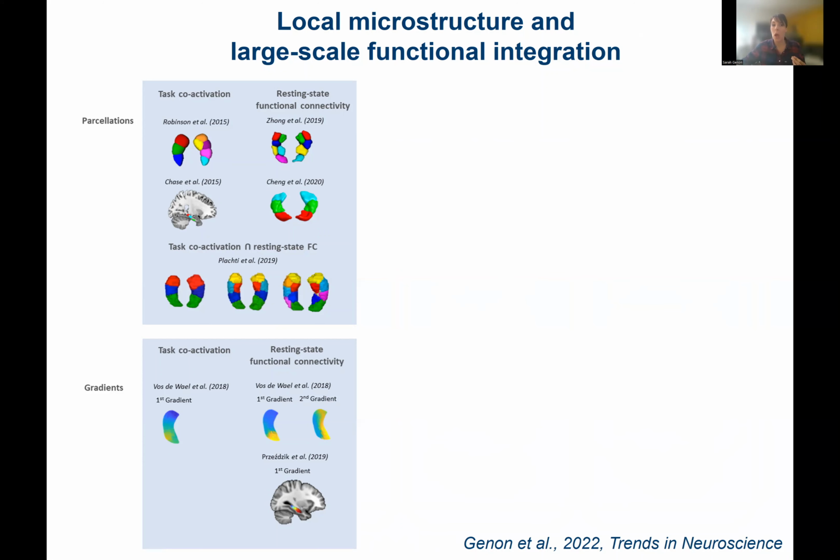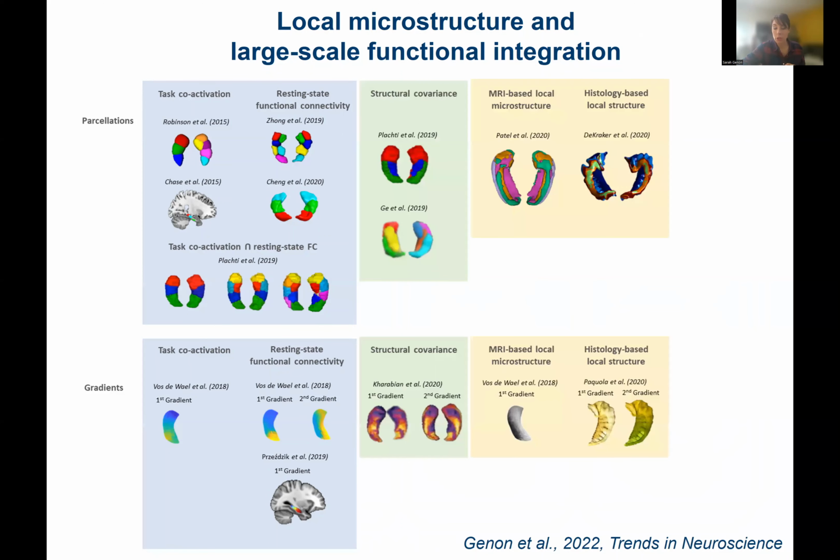But ultimately, both approaches will show the two organizational dimensions within the hippocampus. So if we, for example, look at structural covariance, we have this anterior-posterior differentiation, but we also have this medial-lateral differentiation. But if we look at approaches that probe specifically local microstructure, we mainly have this medial-lateral differentiation within the hippocampus.